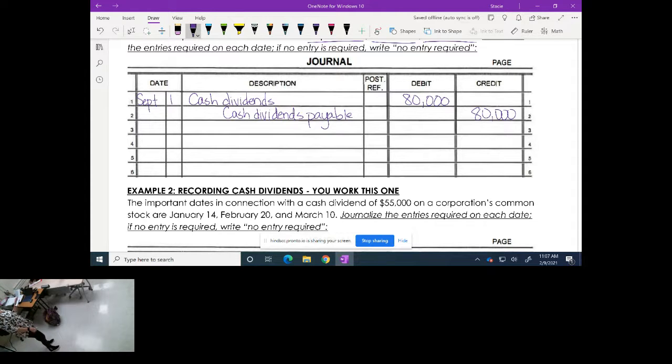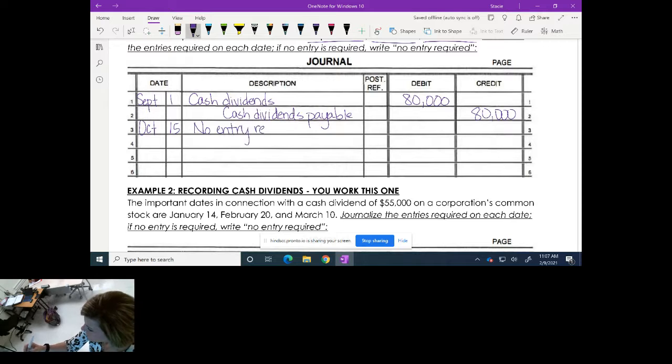All right, so our date of record is October 15th. That's the date that they cut off for purchase of stock shares. Anybody who is a shareholder after October 15th will not participate in this dividend distribution. There's no entry required.